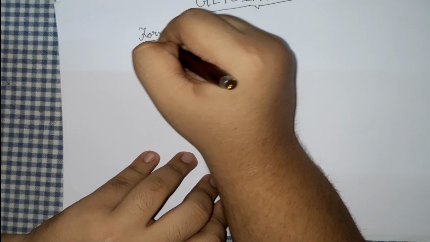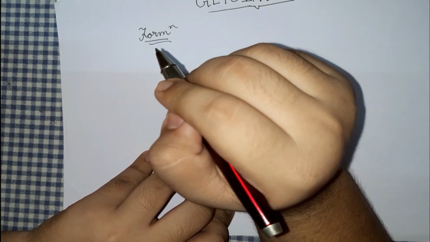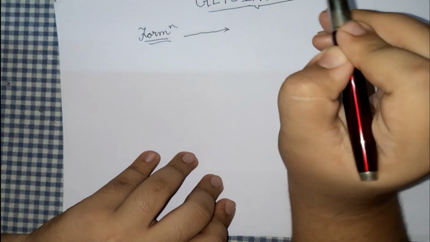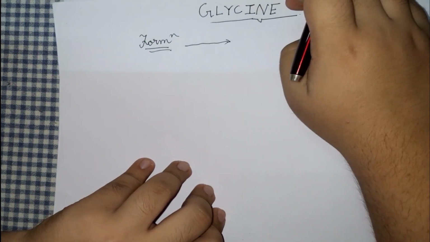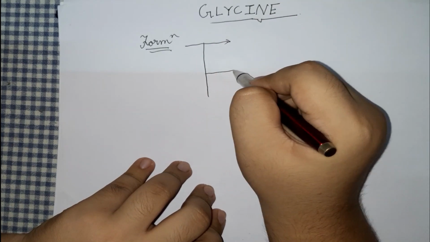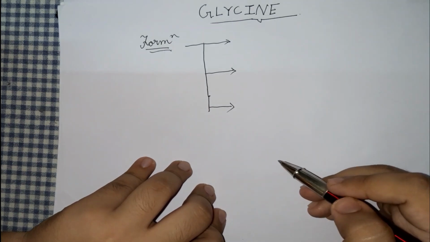All right. So let's talk about how glycine is formed. Now, obviously, there is an array of reactions by which glycine is formed. So let's talk about them one by one.